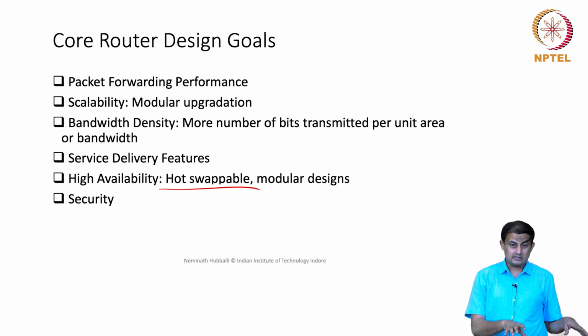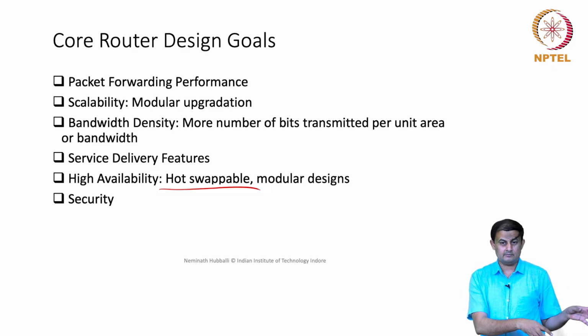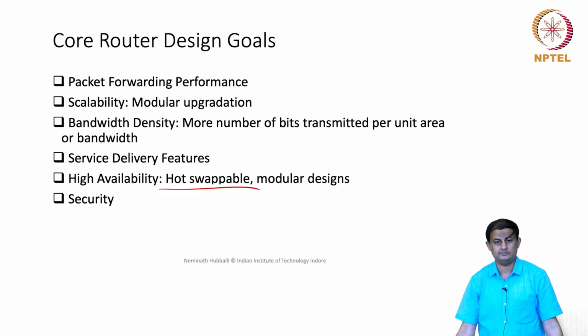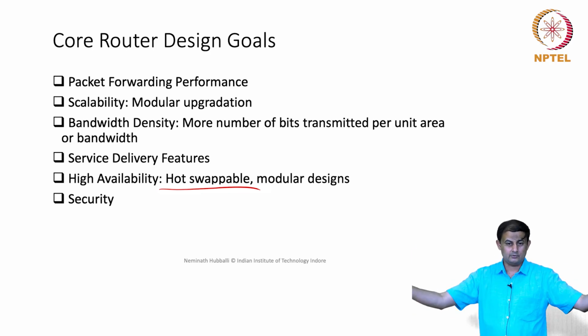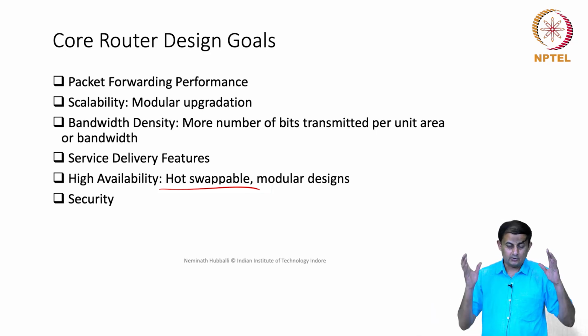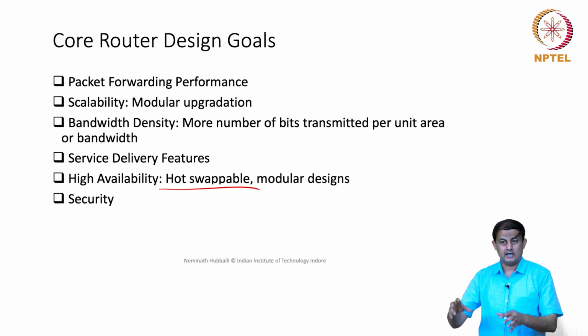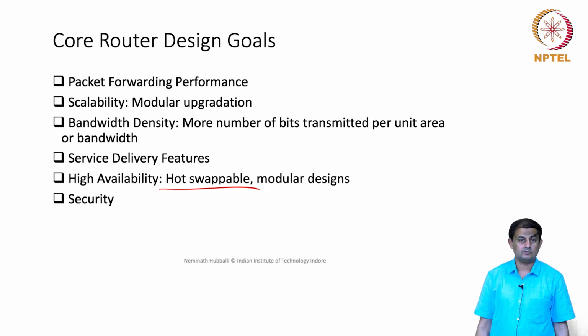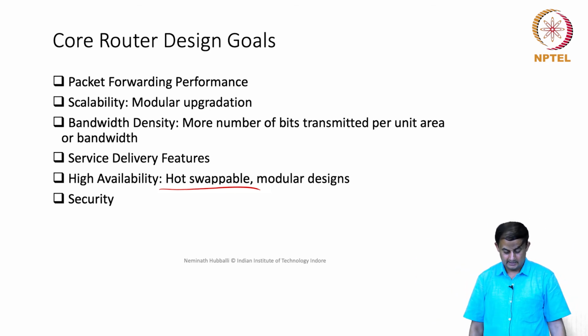But that I cannot afford to do in typical backbone or border routers at the scale of the operation. Even rebooting is not possible. So in that case, without shutting down the router itself, I can bring the new hardware, plug it in, and it will start working. That is the kind of feature that I am looking at for very high availability.